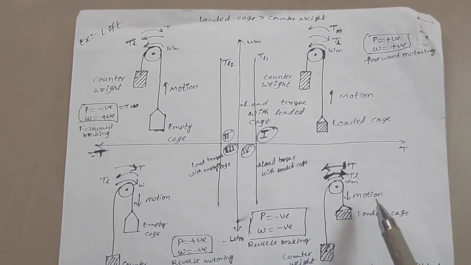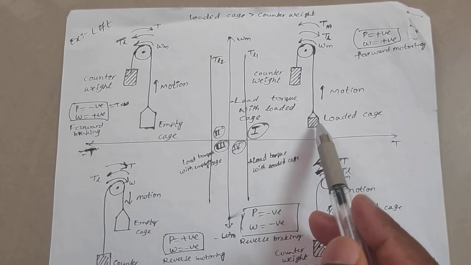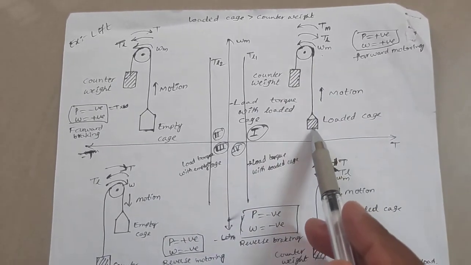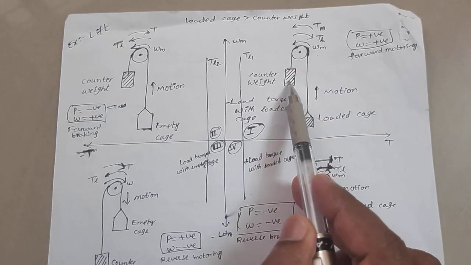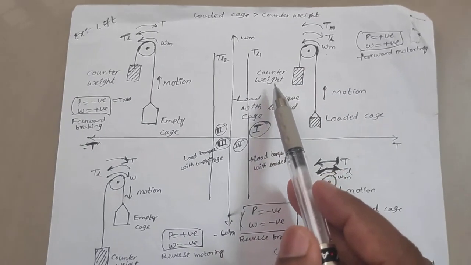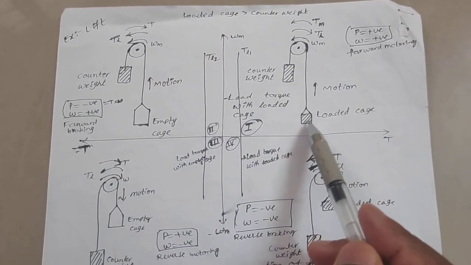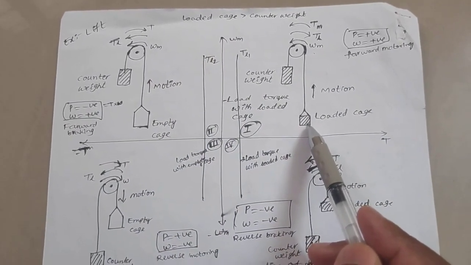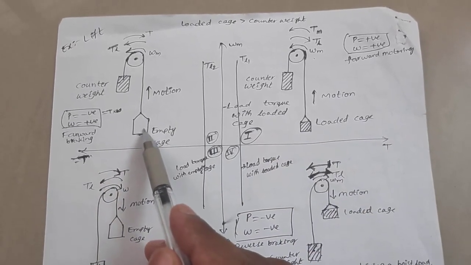So here the assumptions are: let us assume the right side of the pulley is the cage and the left side of the pulley is the counterweight. One more assumption is the loaded cage. If it is with hatched portion, that means it is a loaded cage. If it is empty, it is simply without hatching.